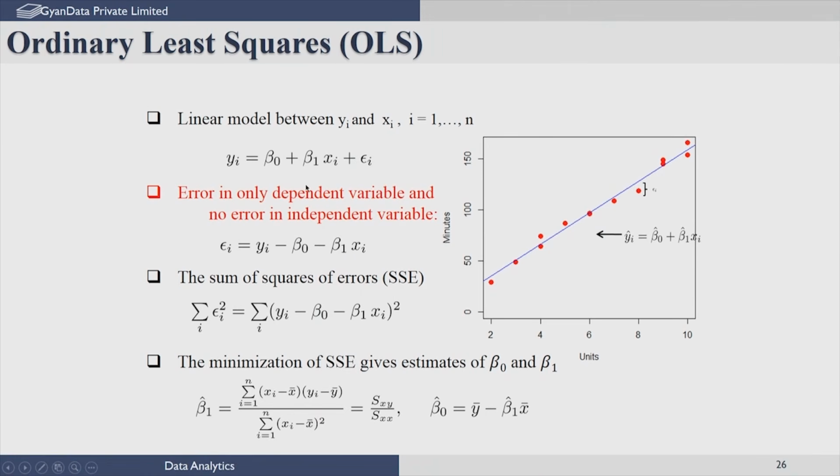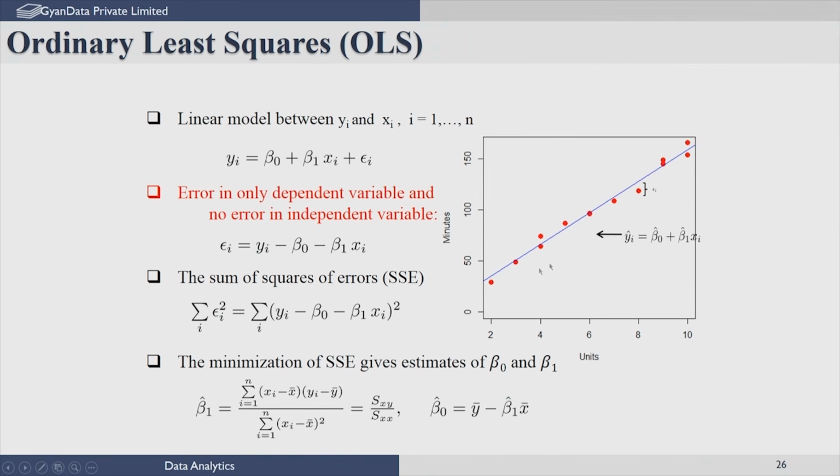So, essentially what I am saying is that once you have decided, based on purpose and the quality of the measurements, what is the independent and dependent variable, then you can go ahead and ask, given all the n observations, what is the best estimate of beta naught and beta 1. As I said, beta naught is the intercept parameter and beta 1 is the slope.